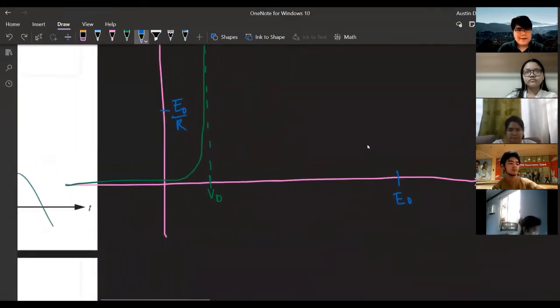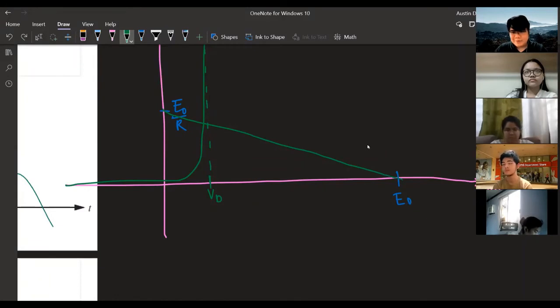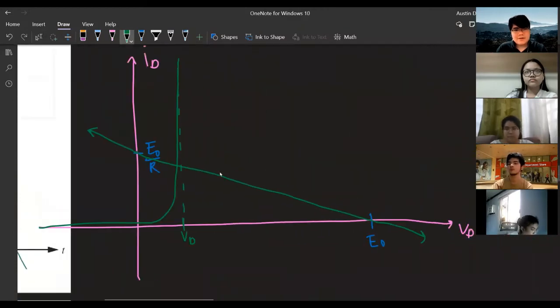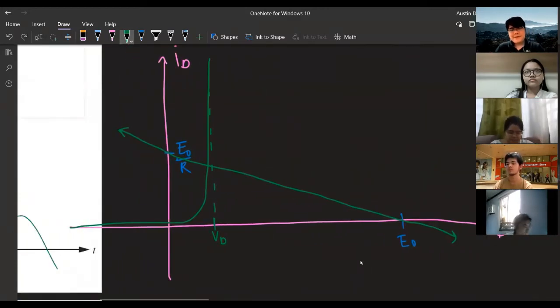Okay, continue natin. Graph lang muna tayo. So, ginagraph kong itong linyang ito for the maximum value nung source natin. Okay?